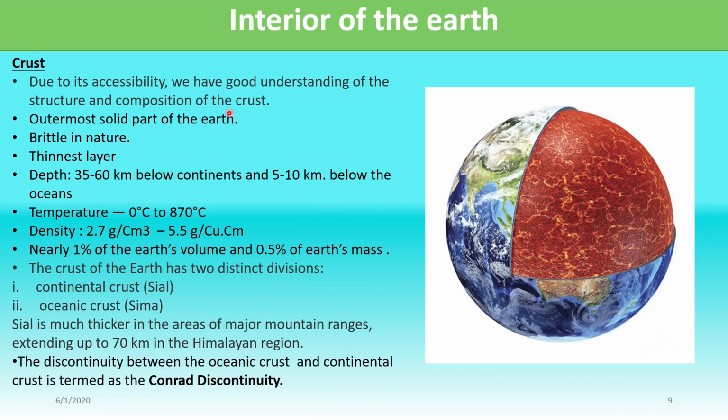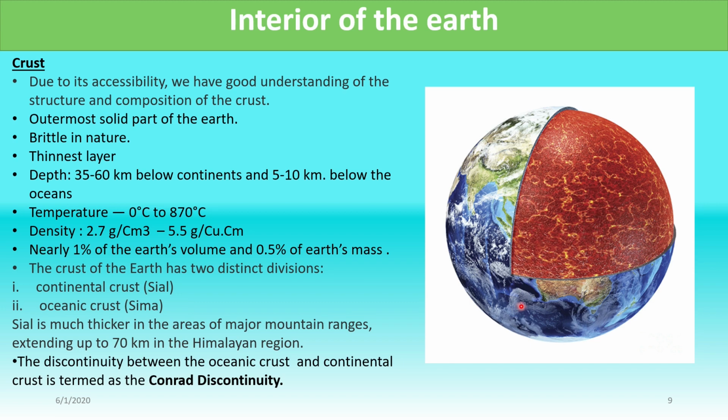Crust. Due to its accessibility, we have a good understanding of the structure and composition of the Earth. It is the skin of the Earth, the outermost solid part of the Earth, brittle in nature, the thinnest layer. Depth is 35 to 60 kilometers below continents and 5 to 10 kilometers below the oceans.